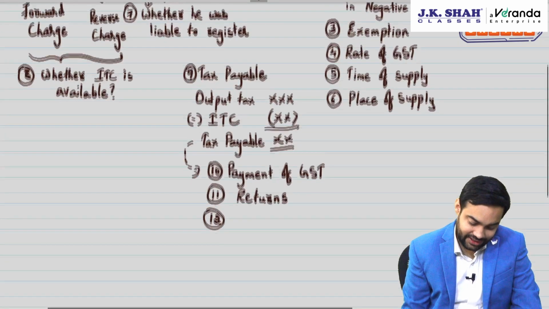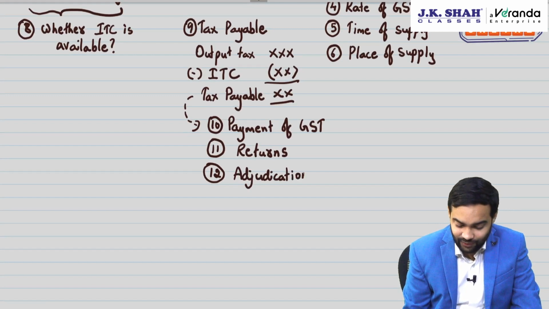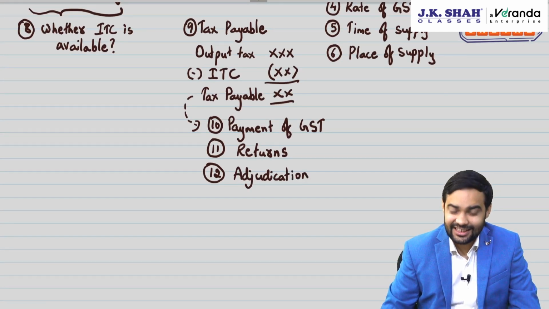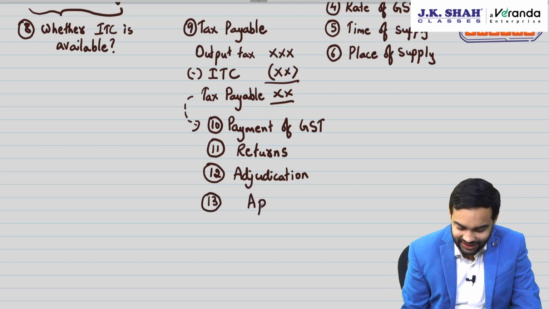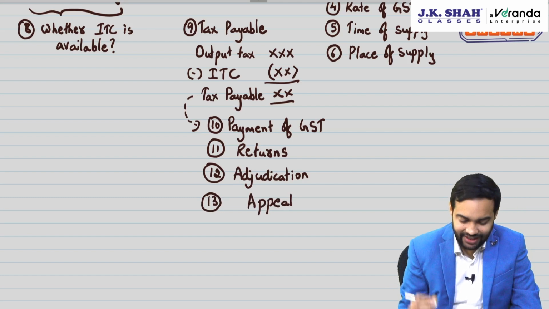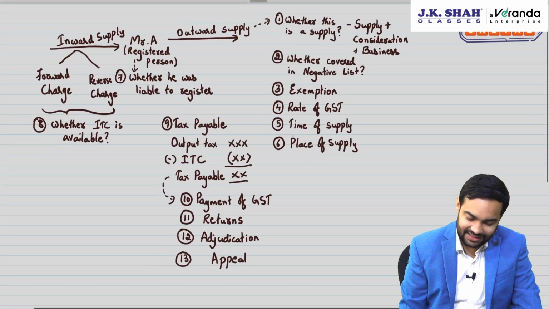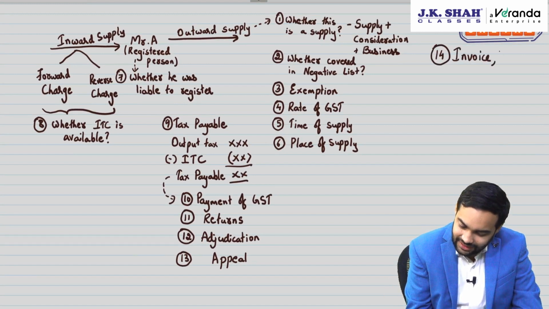After your reporting, can there be an adjudication? Yes, officers checking what we have done is called adjudication. Thereafter, if we are not satisfied with the adjudication, we go ahead and file an appeal. And there are some miscellaneous topics, like documentation, that is invoice, debit note, credit note.